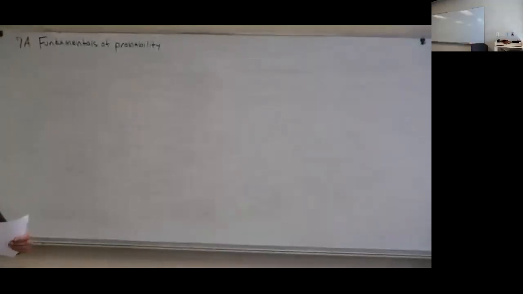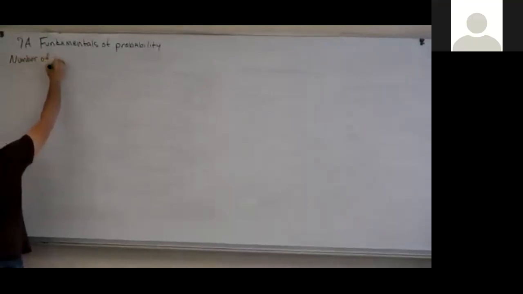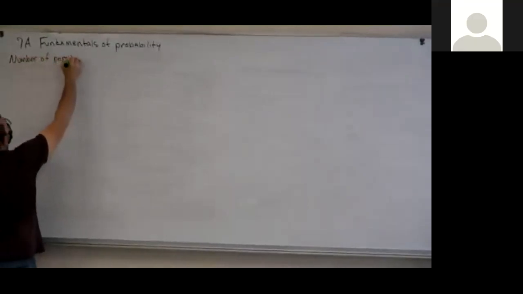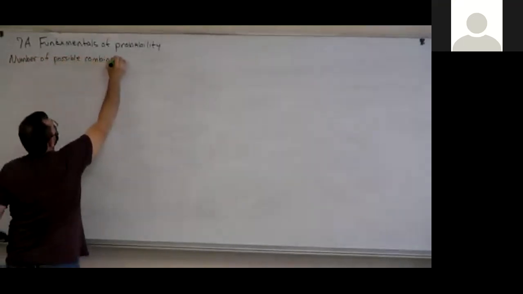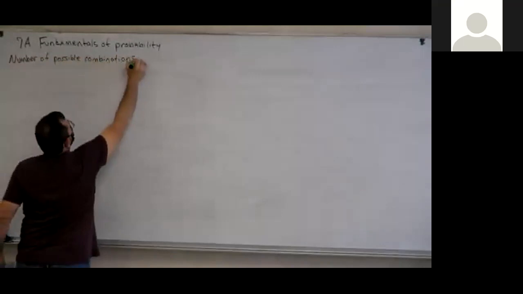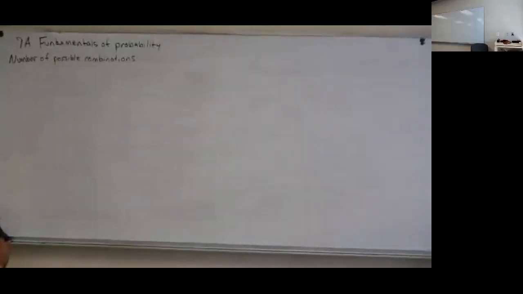The first two examples ask you how many combinations are possible. To find the number of possible combinations, we use what we call the multiplication property.